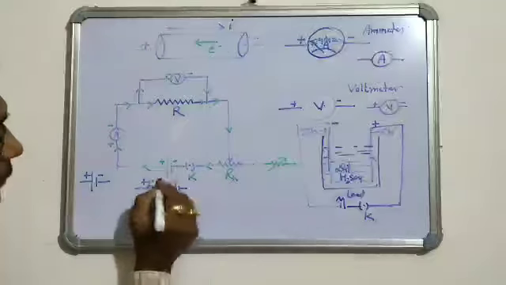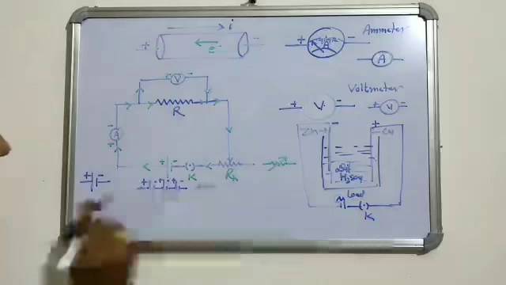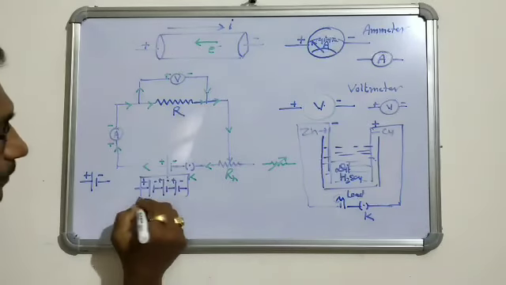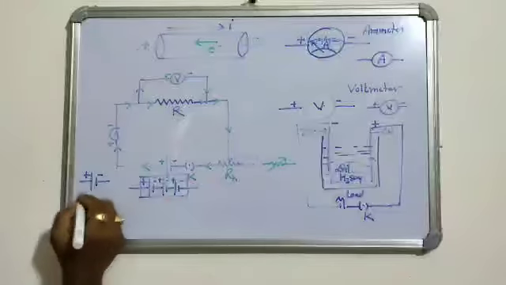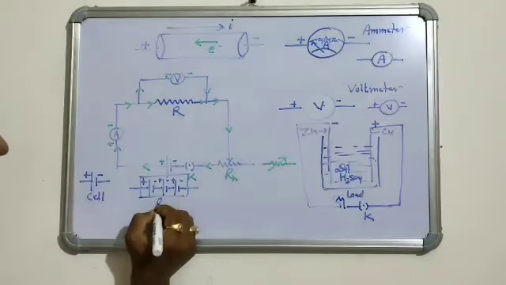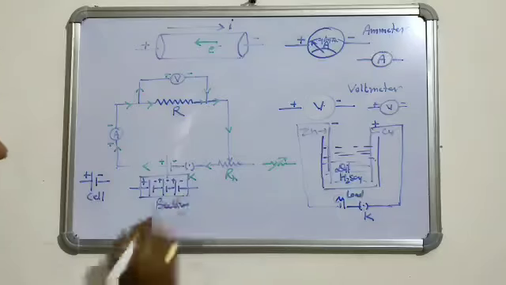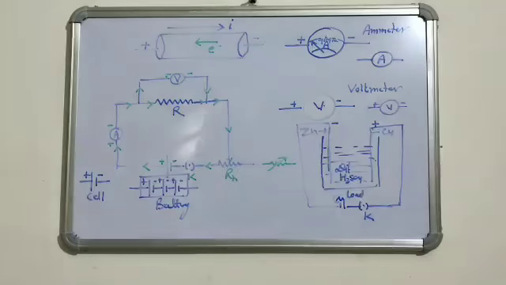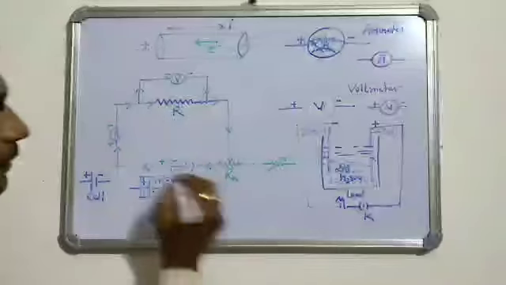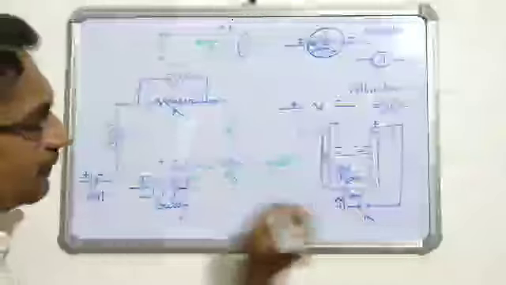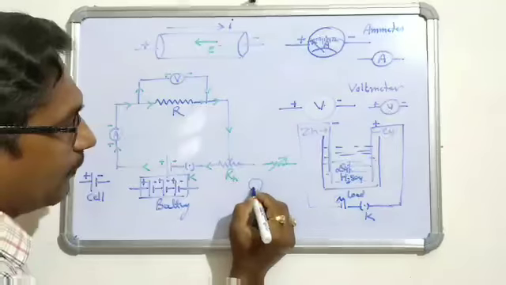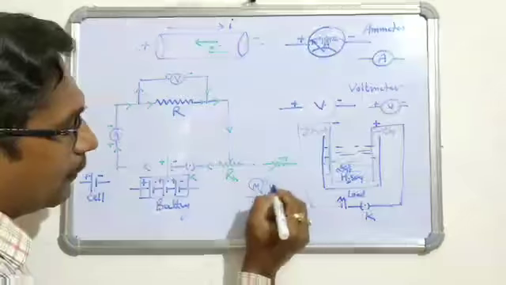There are many cells connected in this combination, so this is called a battery. This is a cell and this is a big battery. The next symbol is the lamp or bulb.